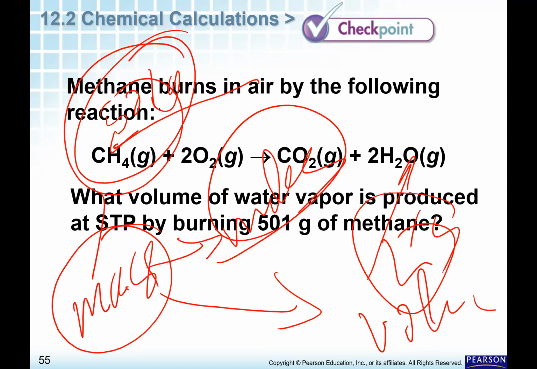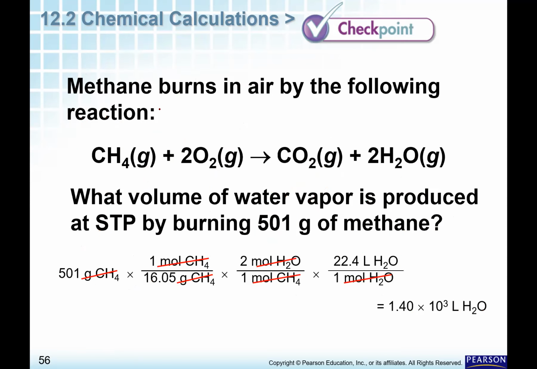This is from the chemical equation. What we get is, after we did this, the moles of water produced. But is this what I need? No, the question is asking about the volume of water vapor. So I have to multiply this by 22.4 liters per mole.